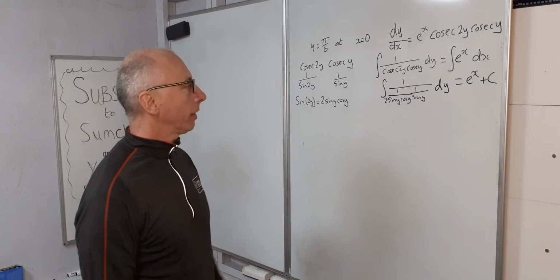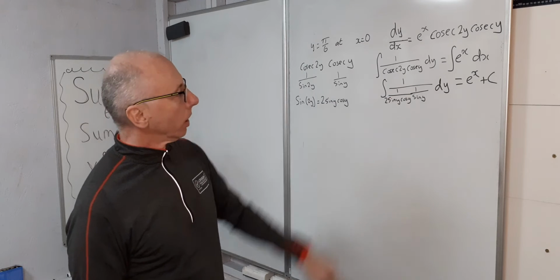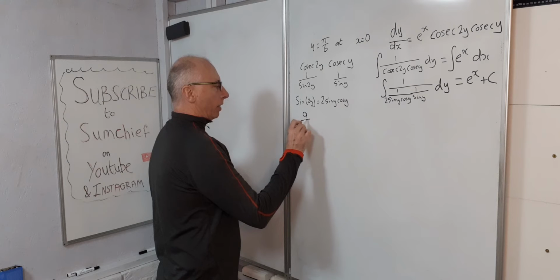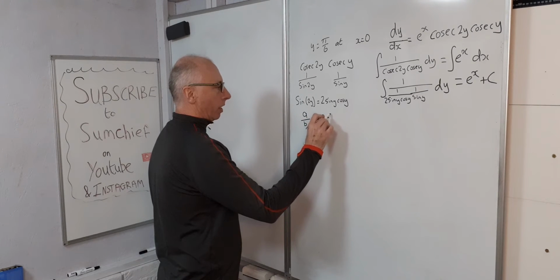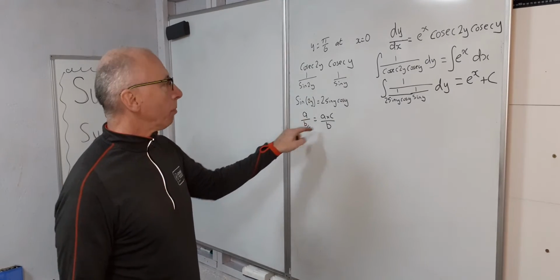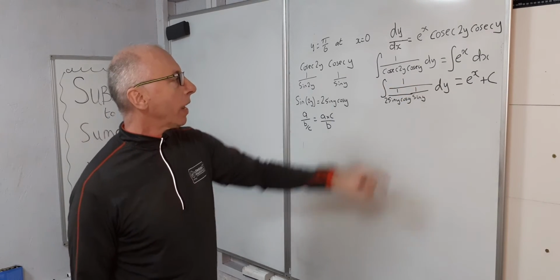Now it's a little bit messy, a fraction divided by another fraction. It's not really what we want for integrating, but what we can say is that a divided by b over c is the same as a times c over b. Here a and b are both 1, so the c just goes on the top.